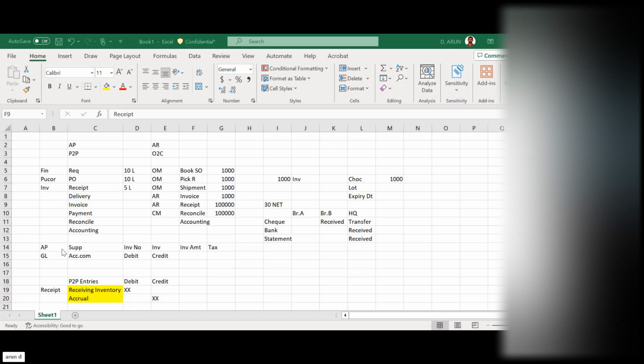Okay. Similar to the P2P cycle, we will not have the accounting entry generated for the sales order, because the sales order is just the high-level information that we are capturing from the customer order. Okay. So here we will not have this created. It will start from the shipment.